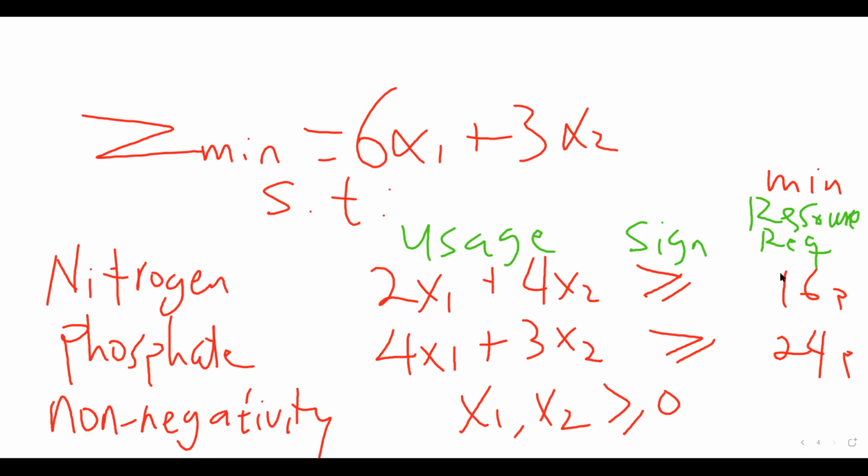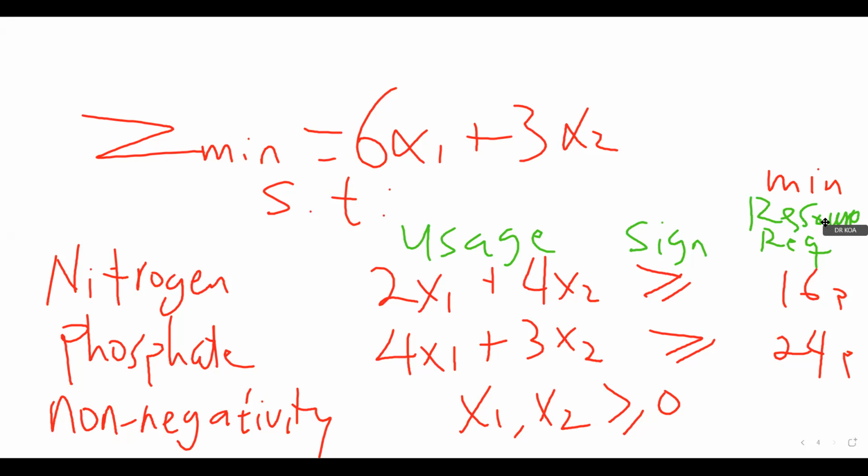So what it means is that you can have more than 16 of the nitrogen, the pounds of nitrogen. You can have more, you can have 18, you can have 20, you can have 100, but you cannot have below 16. The minimum number of nitrogen you can have.